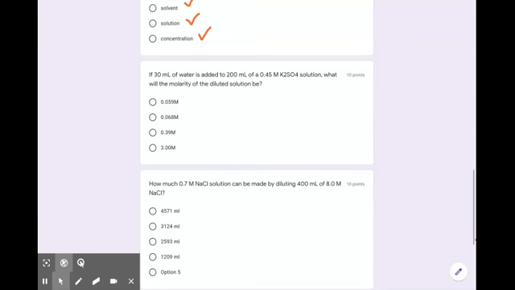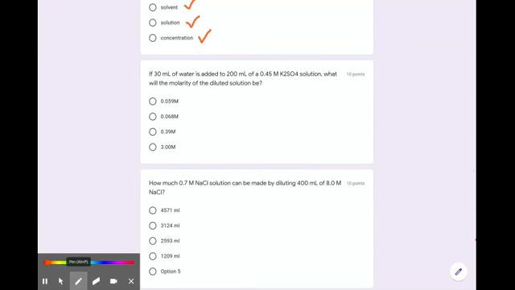Our formula is M1V1 equal M2V2. So we have our information of molarity and volume before the dilution. The original is 200 ml and 0.45 molarity.